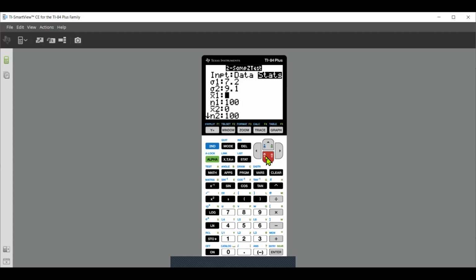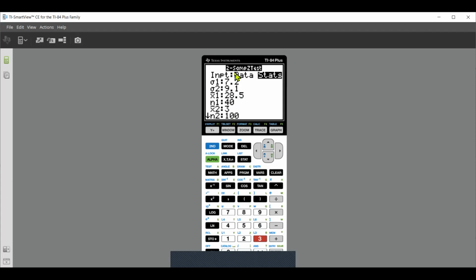So X bar for Miami is 28.5. And your N1 is 40. And, I'm sorry, X bar 2 is 35.2.